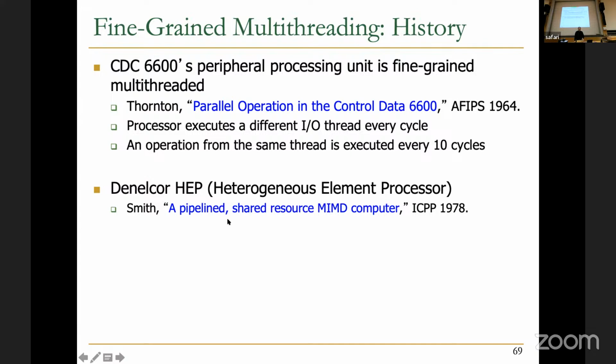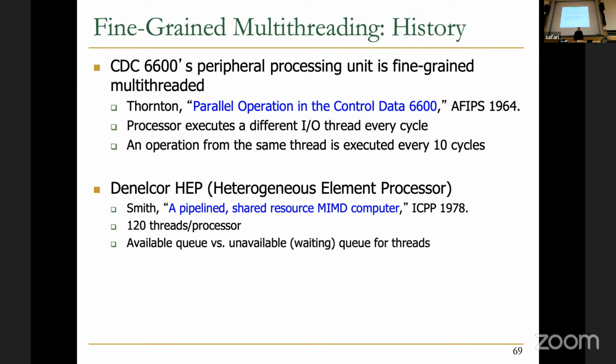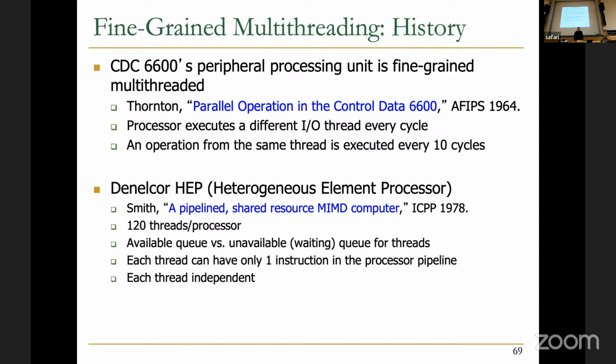So you can imagine that they consider 10 threads. And this is another example of a processor that has 120 threads per processor, with an available queue versus an unavailable waiting queue for threads, and each thread can have only one instruction in the processor pipeline. And in the end, each thread is independent.